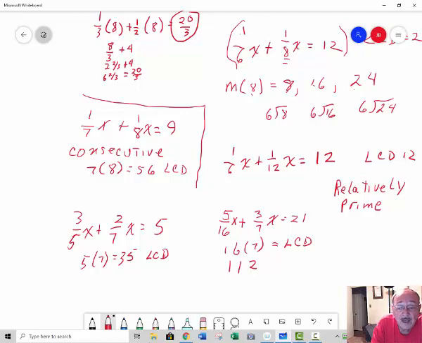Neither is 8. 6 and 12, well, those aren't relatively prime anyhow. But you get the idea of it. Hopefully that'll help you, give you a couple of tips on working with this stuff. And we'll press on with something else next time.